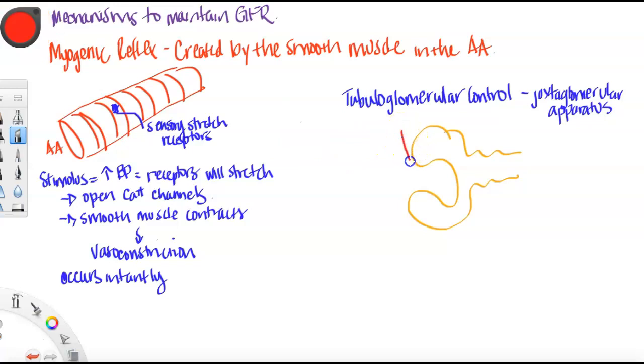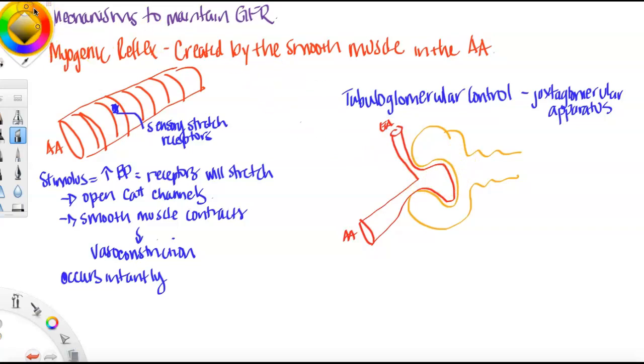So we have our little Bowman's capsule. Right, and we have our entering and exiting arterioles. So here's the afferent, here's the efferent. All right, and then we know that the distal convoluted tubule comes up through here. And we know that the distal convoluted tubule has some specialized cells called macula densa.